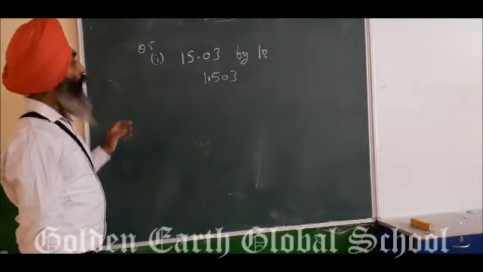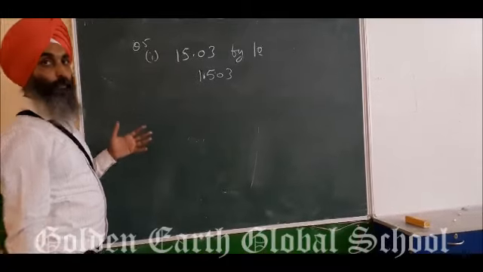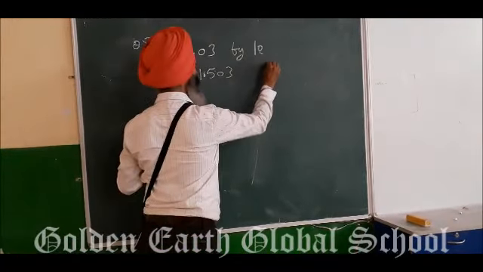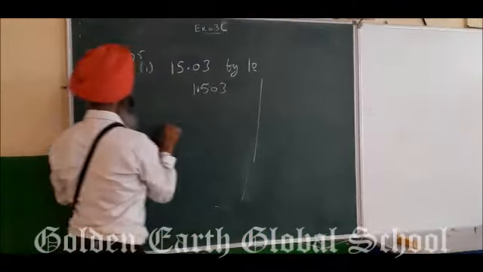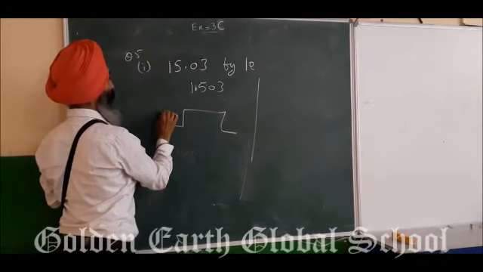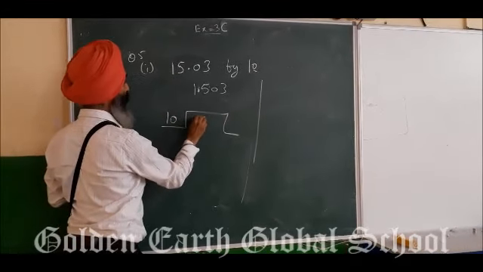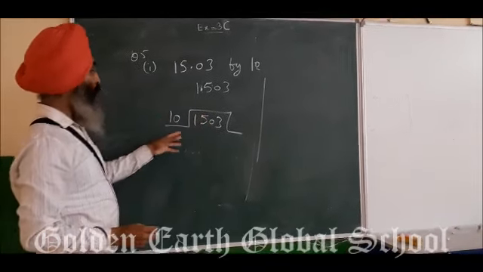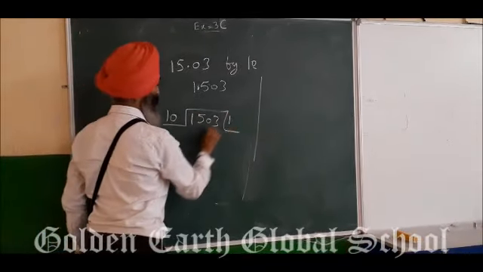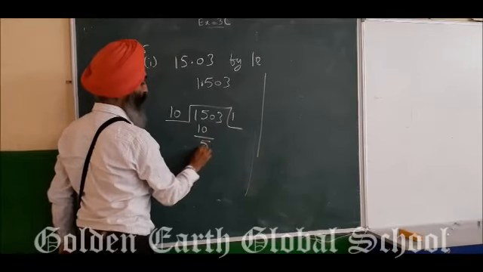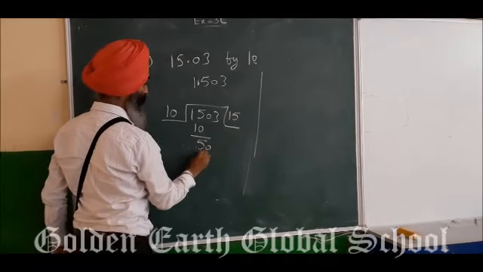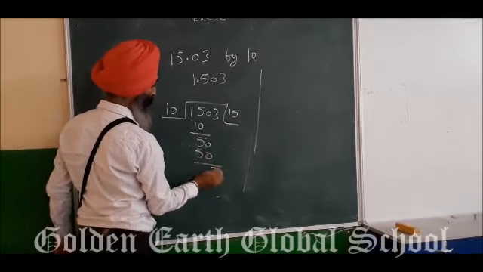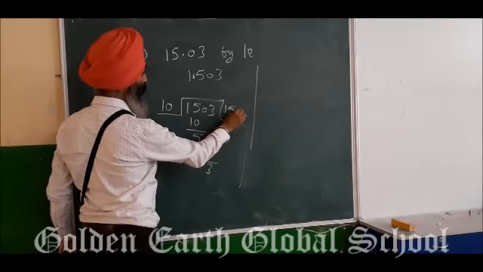1.503. Or if you do it by another method, remove the decimal and divide it. It is a little bit lengthy, but you can also do it by this method. 10 ones are 10, 10 fives are 50, 3 is there as remainder, so it is not going.